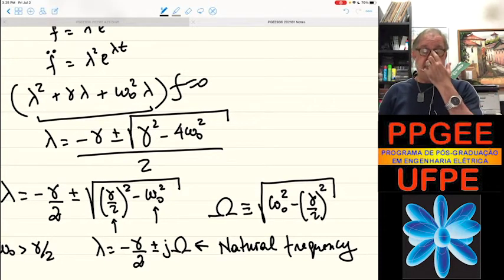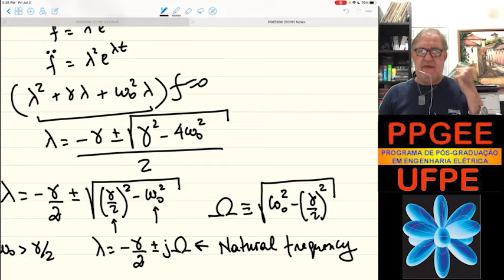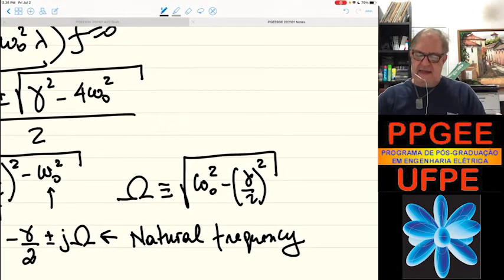It is called the natural frequency because it is the natural oscillating frequency: if you excite an oscillating system and turn off the source, letting the system oscillate, it is going to oscillate at the natural frequency. That's what happens. The natural frequency is very close to the resonance frequency for small damping, right?